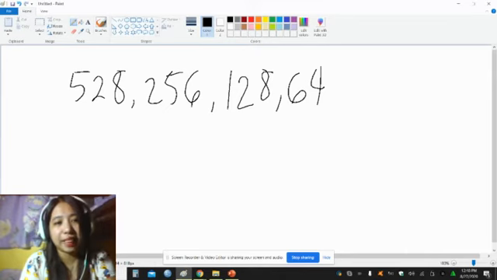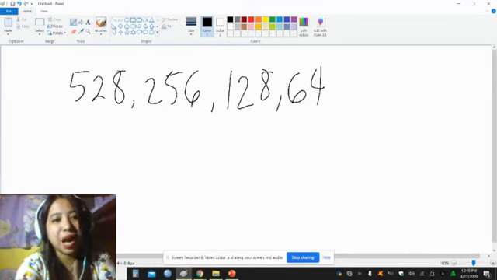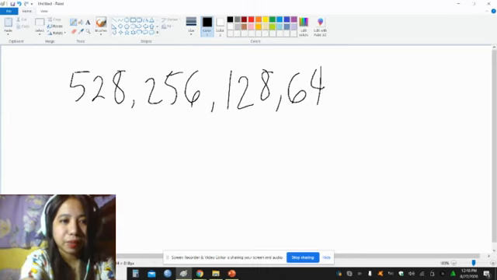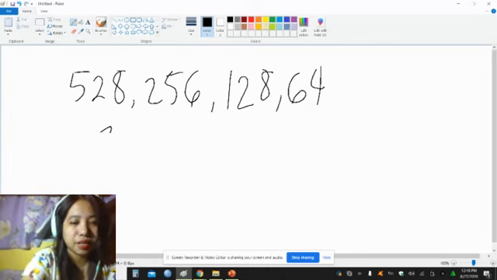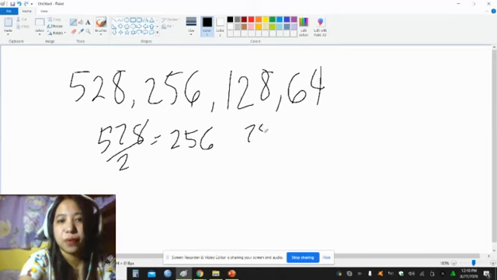You might think that in order to get the value, you have to consider 512. So you might consider 512 divided by 2 is equal to 256.